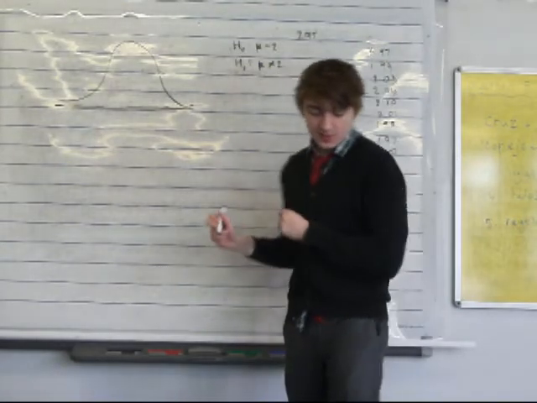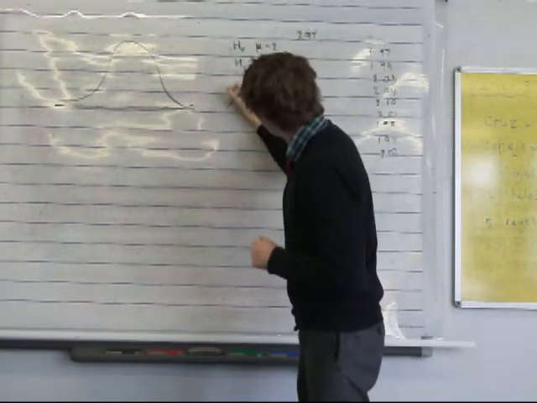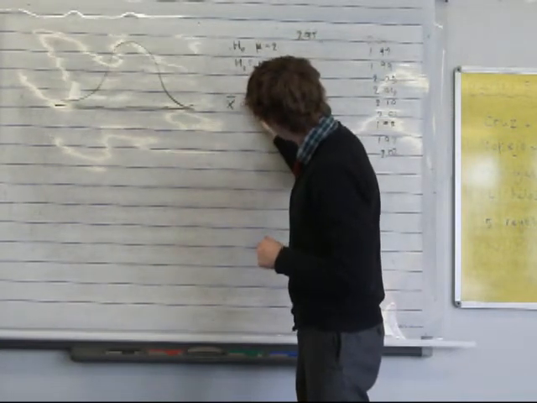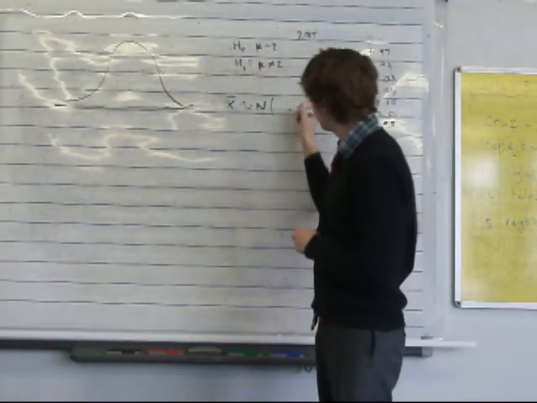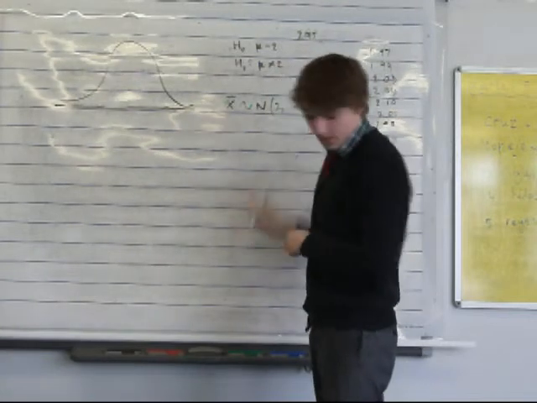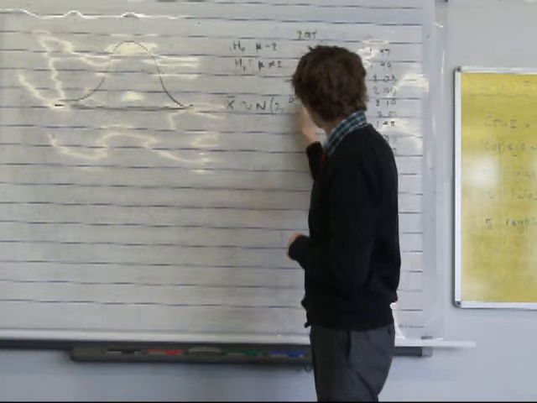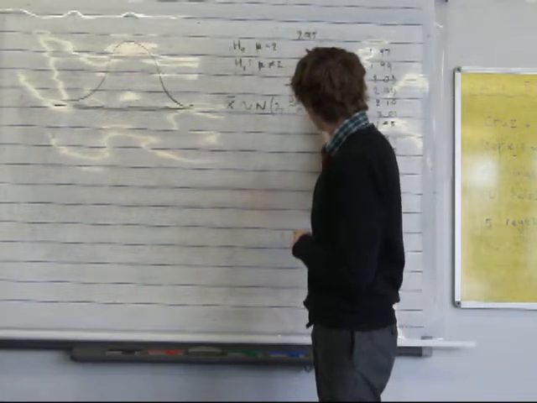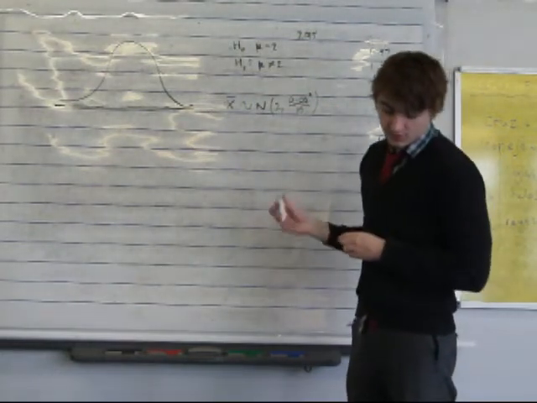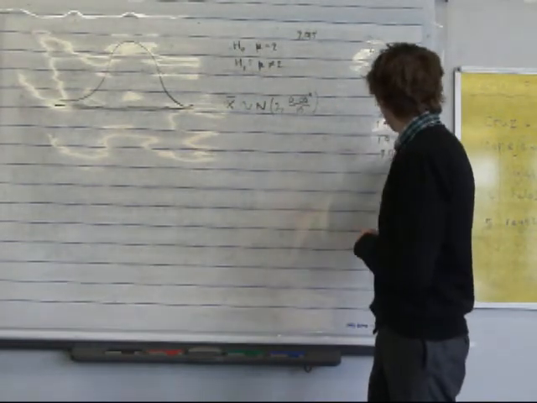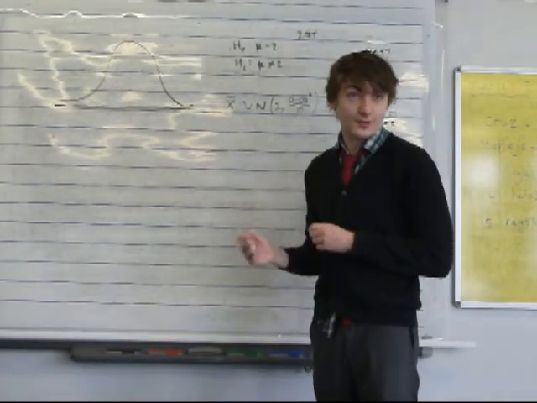So our sample mean is distributed normally, with a mean of 2, as we saw, and a variance of the standard deviation squared divided by the total number in the group.